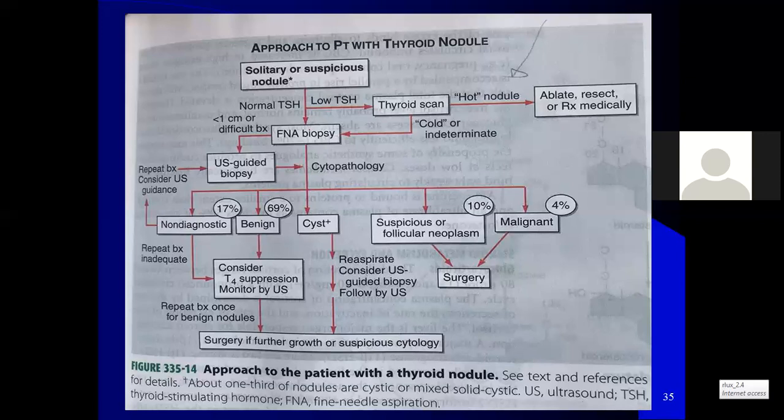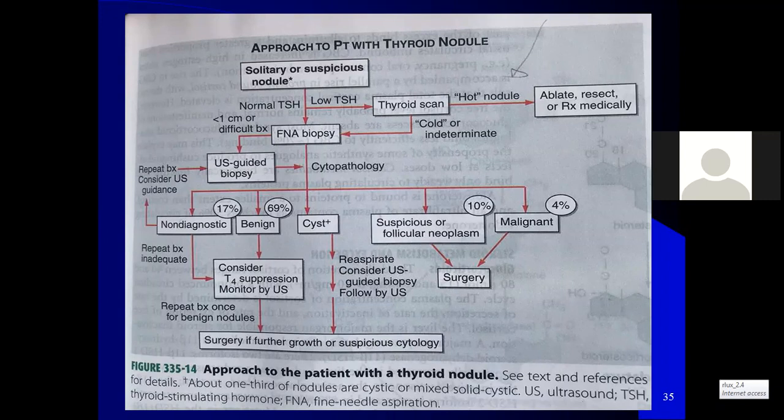If it is non-diagnostic, then we have to repeat the biopsy under USG guidance, and if it is cystic, we have to reaspirate and consider USG guided biopsy, and in the meantime follow by USG scanning. If it is suspicious or follicular neoplasm, then it could be surgery, or if it is malignant, then this is also surgery.